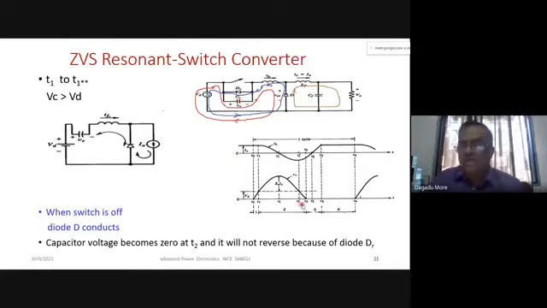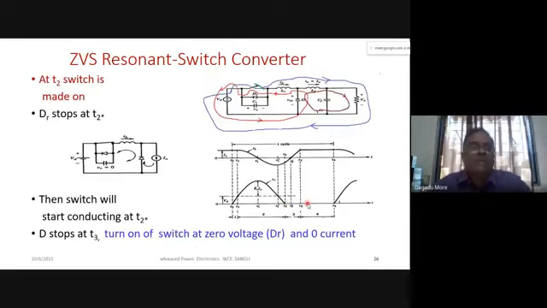The direction of voltage across the capacitor never reverses, because when the capacitor voltage reverses, immediately the diode will start conducting. So only the marked polarity will be obtained. Its magnitude increases when the red current is flowing, and decreases when the blue current is flowing in the circuit. This is the operation we have discussed when the switch is off.